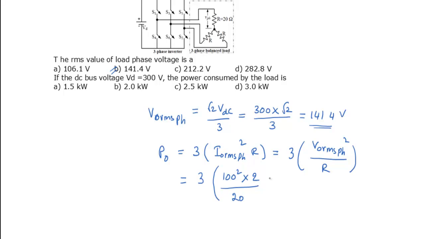Then it is 10,000, the 2 gets cancelled, then you will get 1000 into 3, which is 3000. That's why it is 3 kilowatts. That's it.